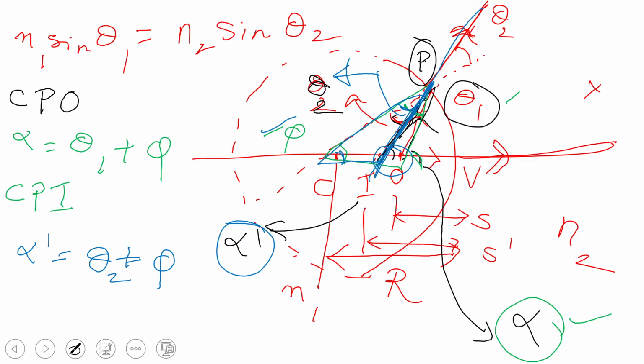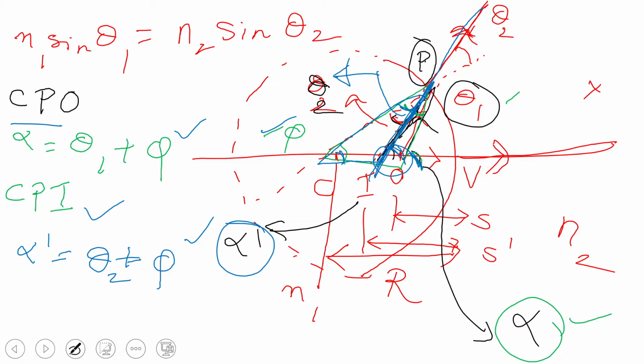So if you do the math there, you will see that the external angle is equal to the sum of the two internal angles. That's how we are getting these two relationships. We are considering the external angle to CPO, that is here, that is alpha, and here we are considering the external angle to CPI, that is this angle.